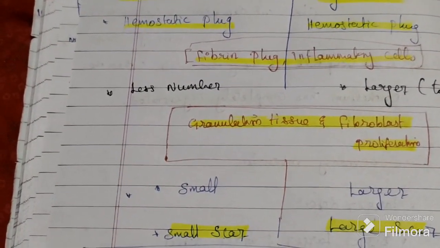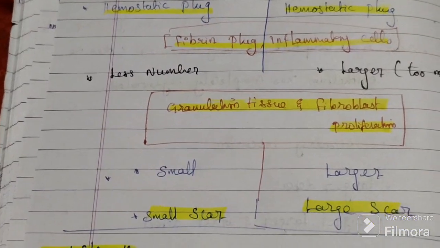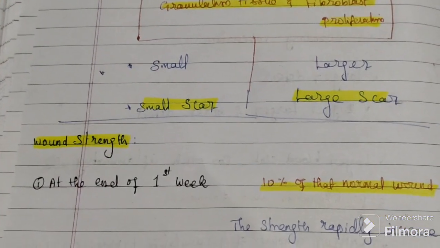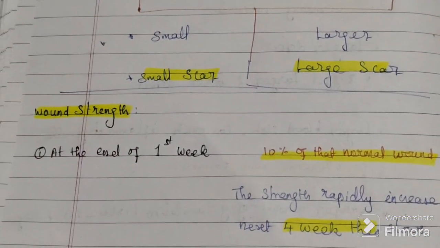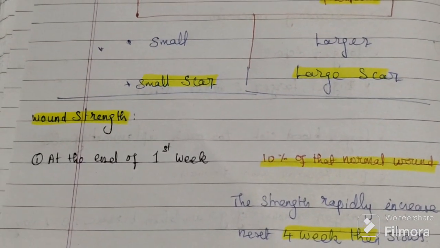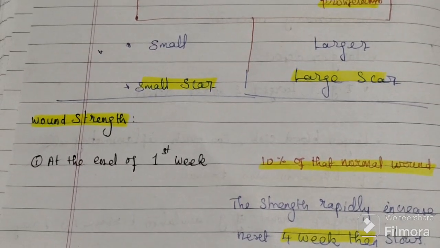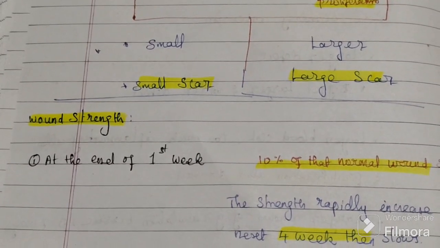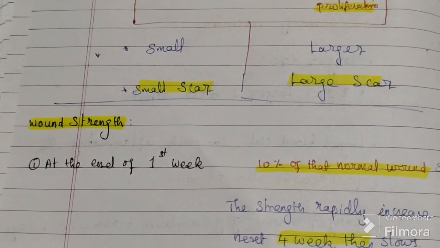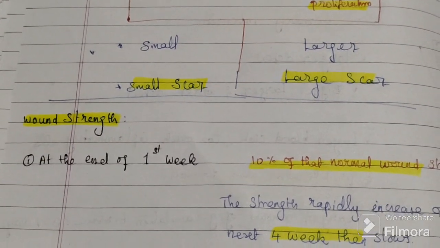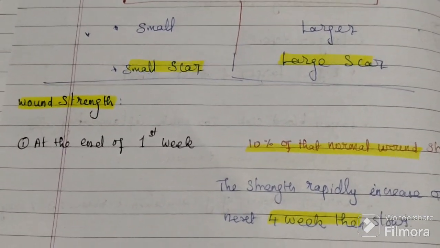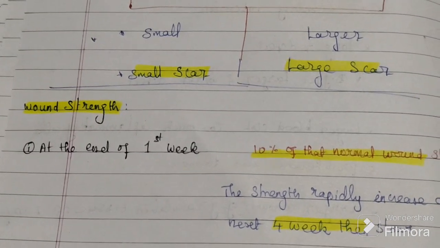Next, what happens to wound strength? Is normal tensile strength regained after a wound? Absolutely not. What happens at the end of the first week?